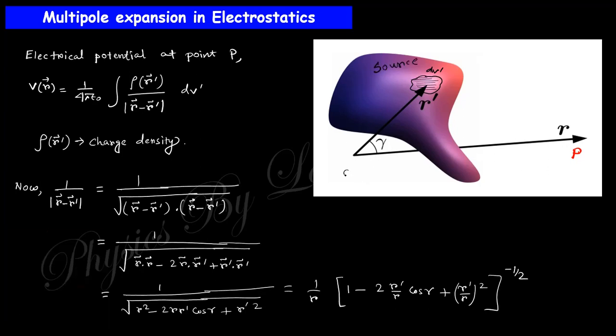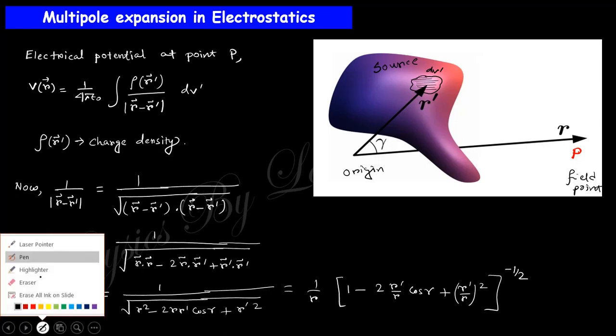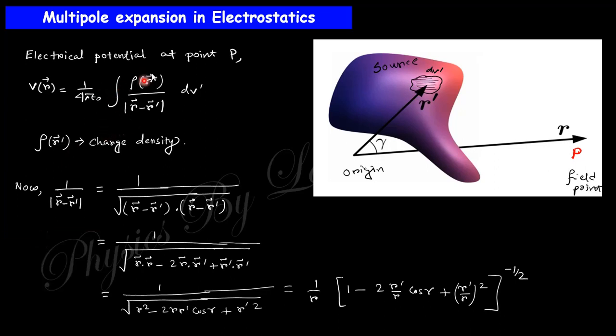So this 1 by |r minus r prime|, that is this distance, must be r vector minus r prime vector.